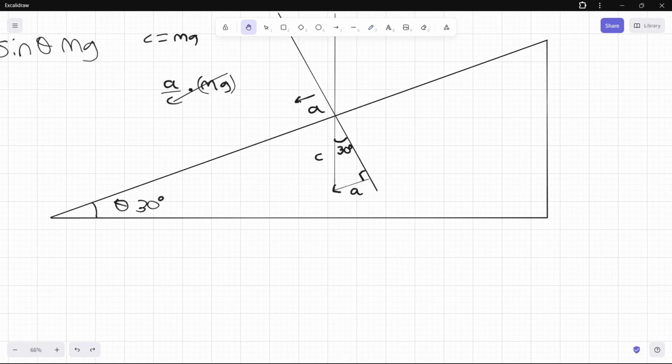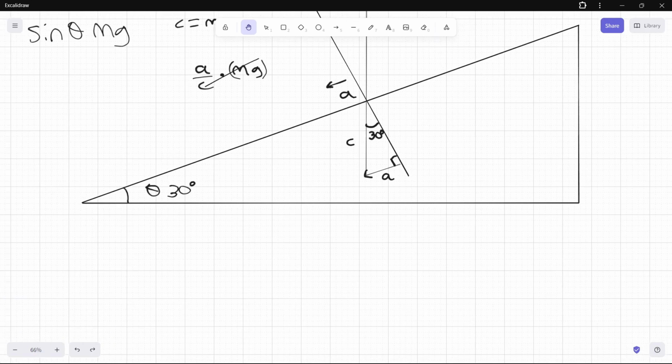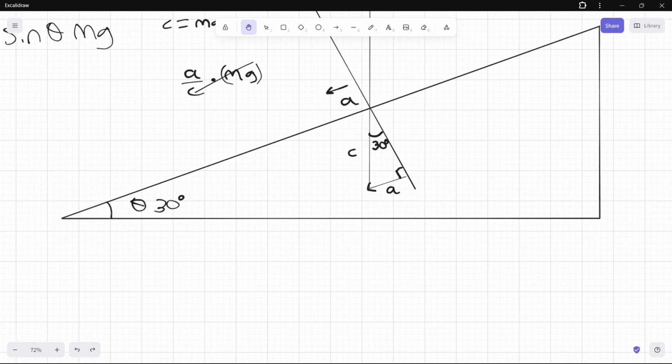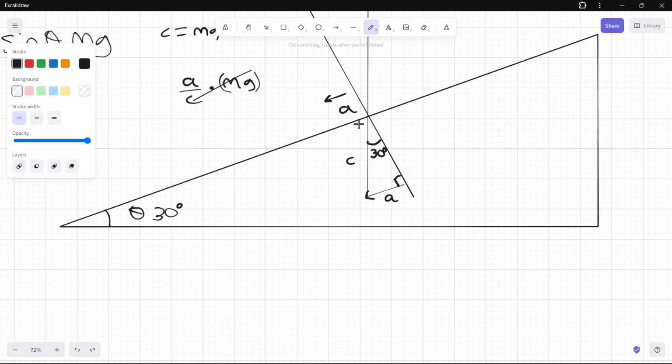So then you might ask, well, how are these two angles the same then? And the best way for me to explain this is, you can see right here in this little corner, this is also a right angle. And if we know that right angles make 90 degrees, then this angle right here has to equal 60 degrees, right? Because 60 plus 30 is 90.